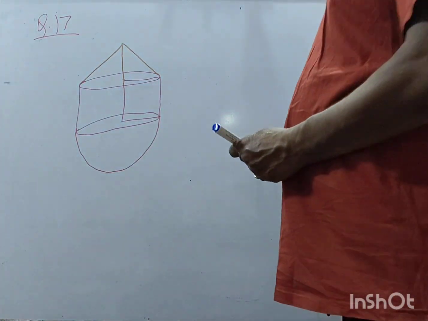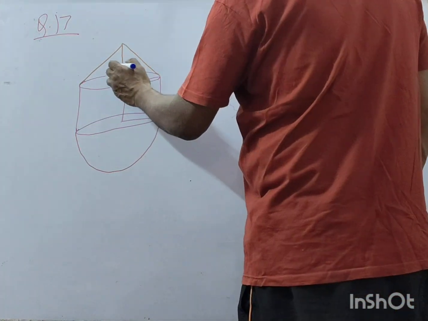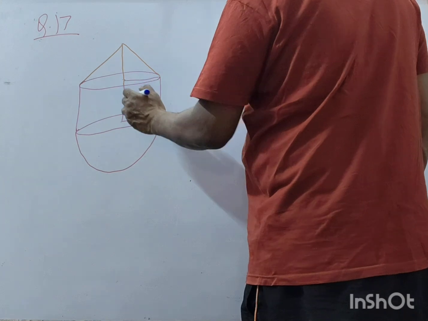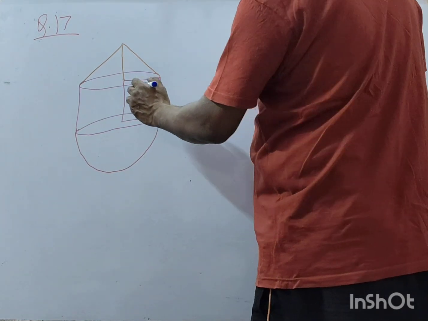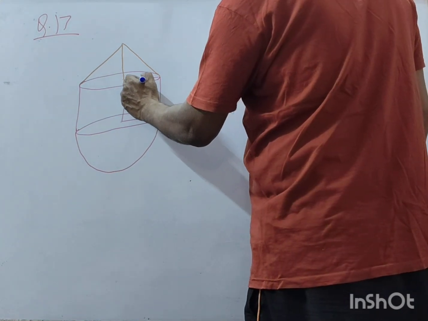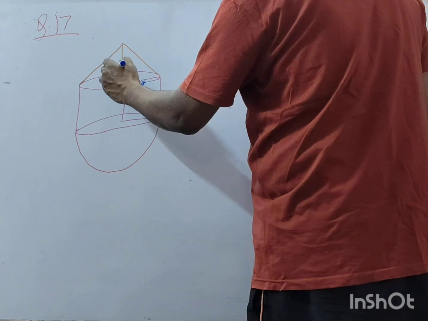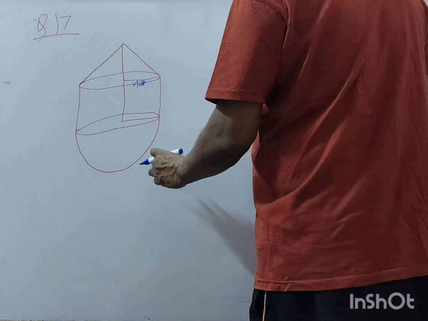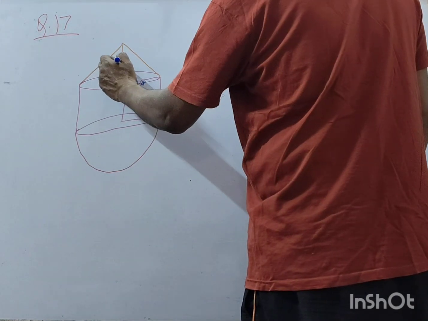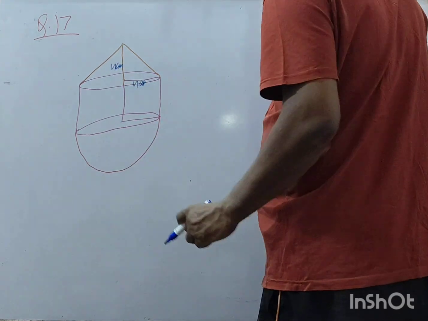Conical. What is radius? 4 cm. And this height is 4 centimeter. Radius is not given.